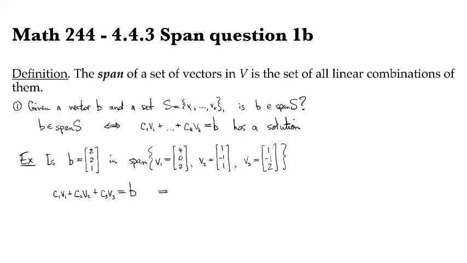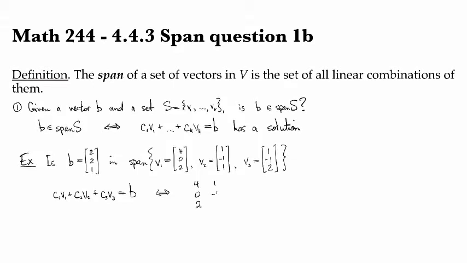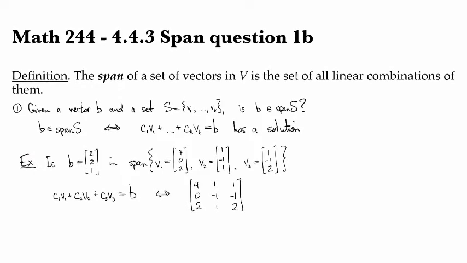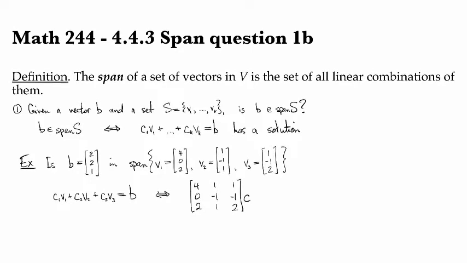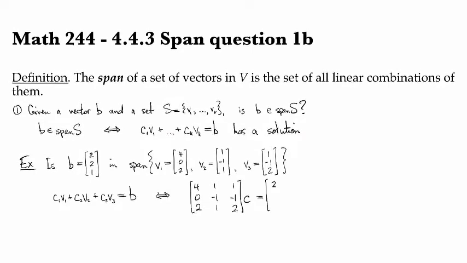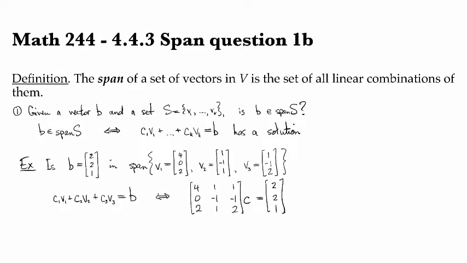And so when we translate this into a matrix equation, we have the matrix with columns (4, 0, 2), (1, -1, 1), and (1, -1, 2), and we're multiplying this against some vector of length 3 called c, with entries c1, c2, and c3. And this should be (2, 2, 1) if we have a solution for it, right?